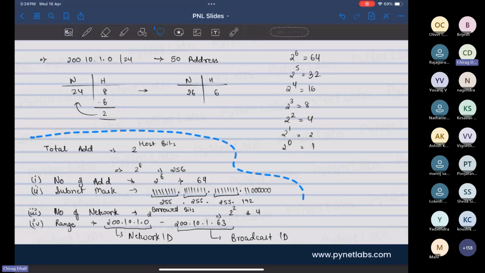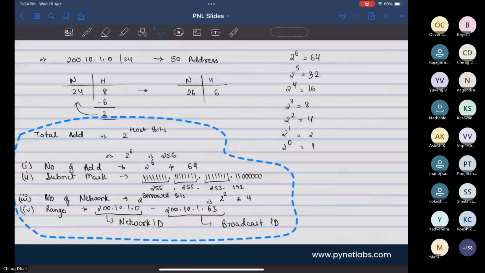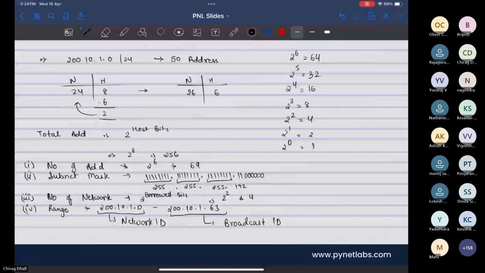Your usable range is 210.1.1 to 210.1.62. Is that clear, guys?